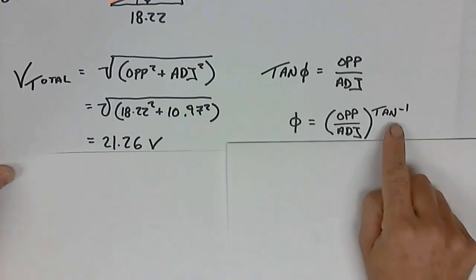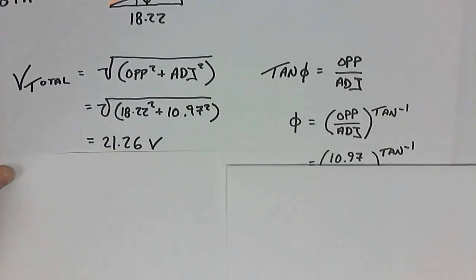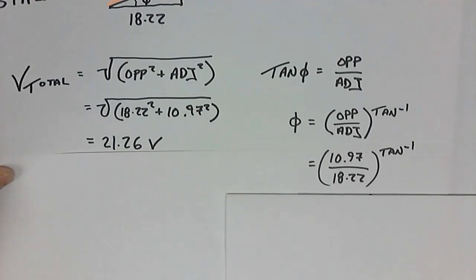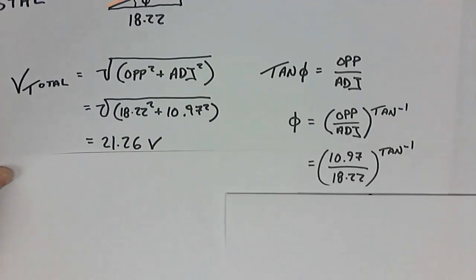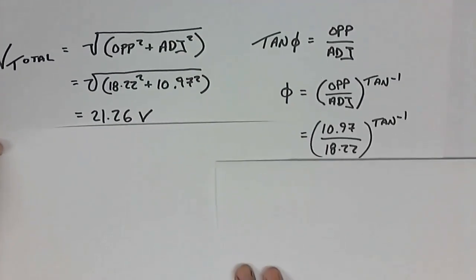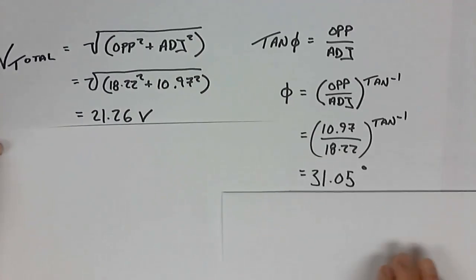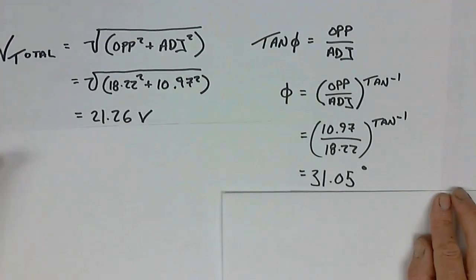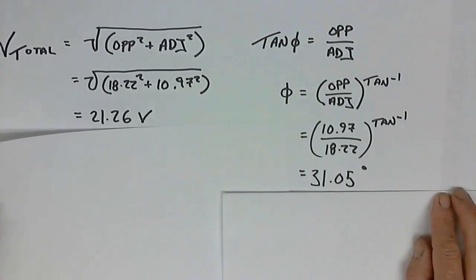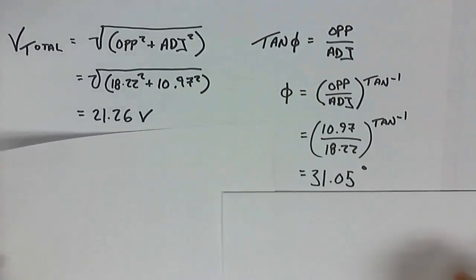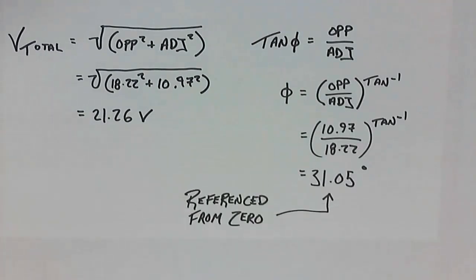The way that you get this on your calculator is you press second function and then the tan button. In doing that, 10.97 divided by 18.22, and then inverse tan, we get 31.05 degrees.